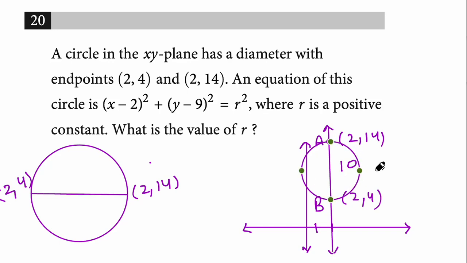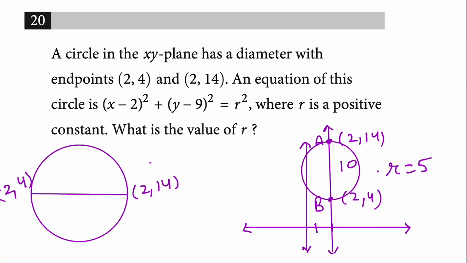So its diameter is going to be 10, and if the diameter is 10, the radius is going to be 5. If the x coordinate is the same and only y is different, that gives the length of the segment. This way we are not using any formula, just a simple understanding of distance, and here we are.